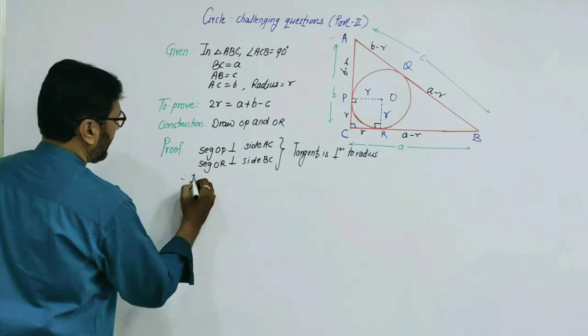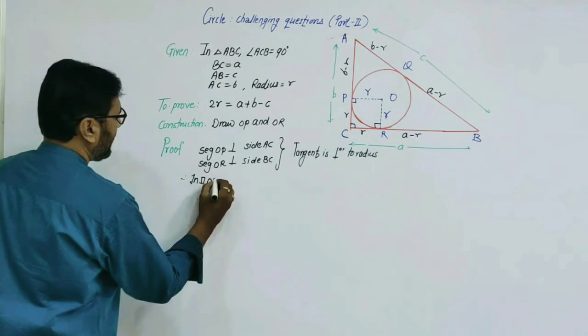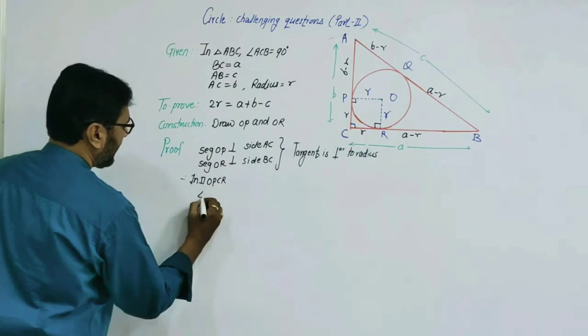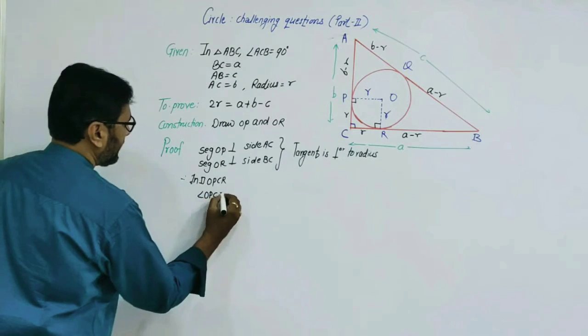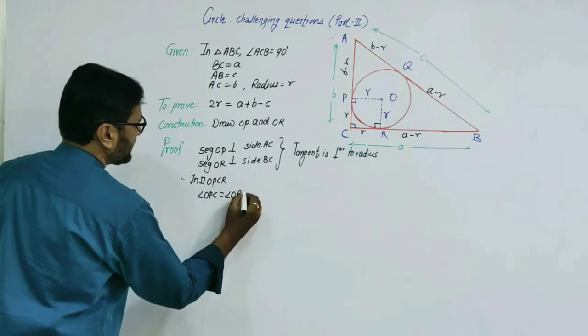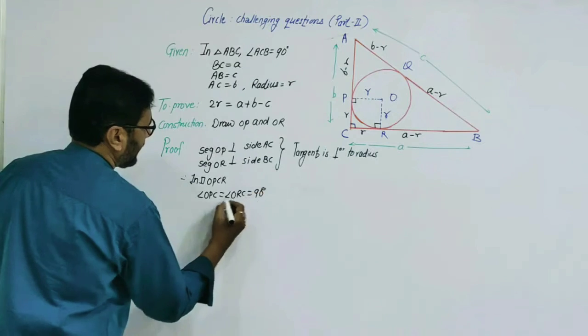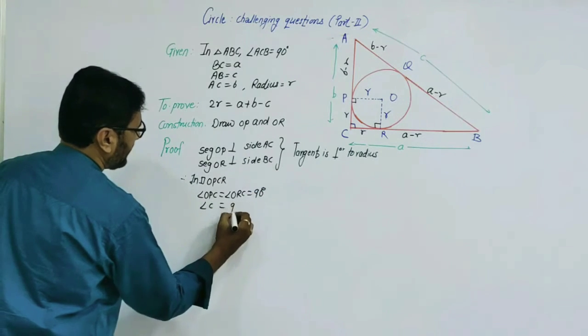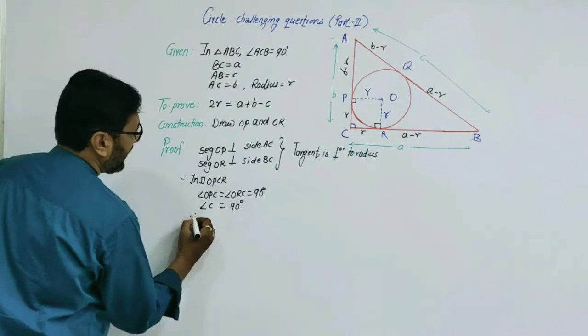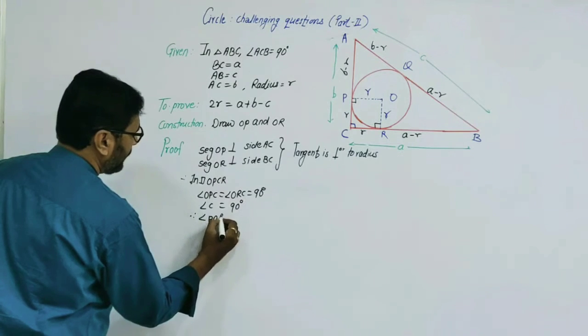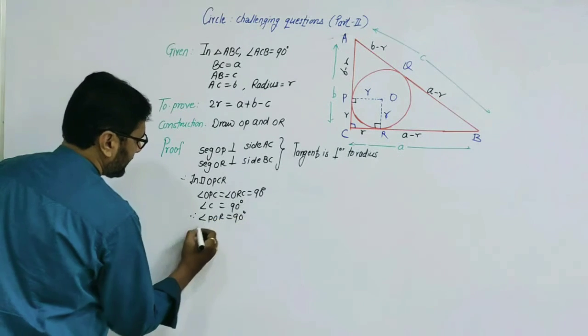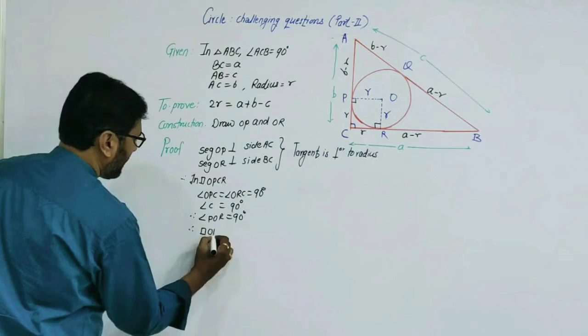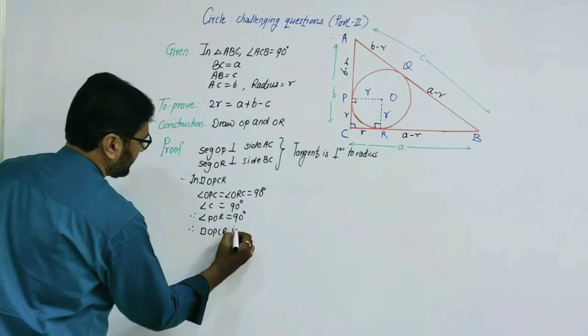Therefore, in quadrilateral OPCR, angle OPC, which is equal to ORC, is equal to 90 degrees. Angle C is equal to 90 degrees. This is given to us. Therefore, the remaining angle will be equal to 90 degrees. Therefore, quadrilateral OPCR is a rectangle.